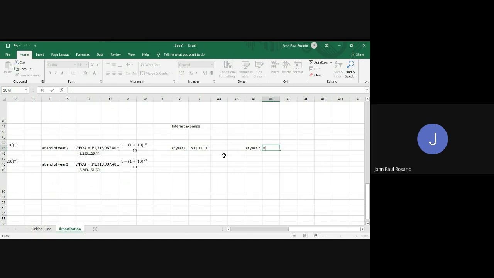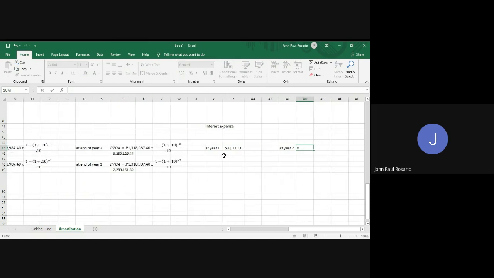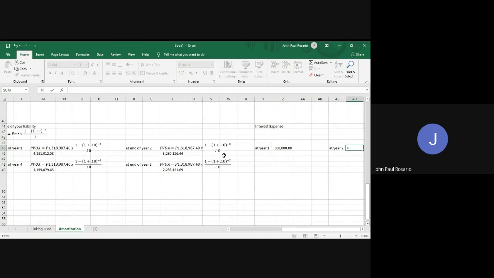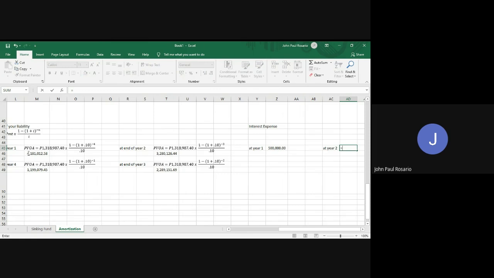So for that, you get your present value of remaining payments at the end of year one, which is this one. And then you simply multiply that by 10%. At year three, you do the same. Since the question is year three, get the balance of year two and then multiply by 10%.